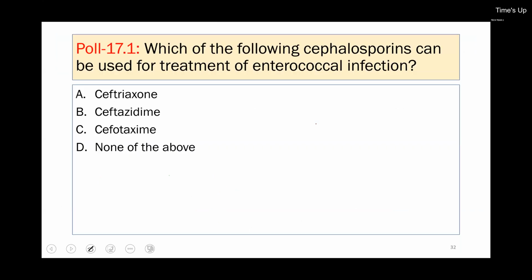So can we start the poll 17? Nikhil? We are starting poll 17. Poll 17 has started. We have 1 minute for polling. We have two questions in it.